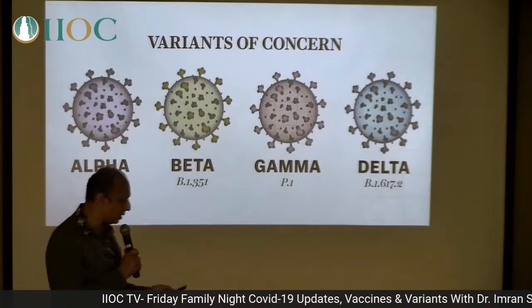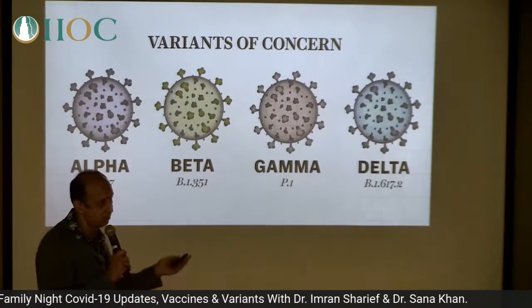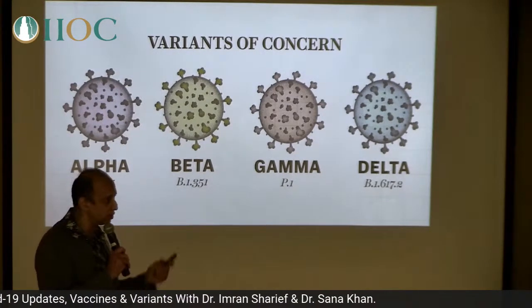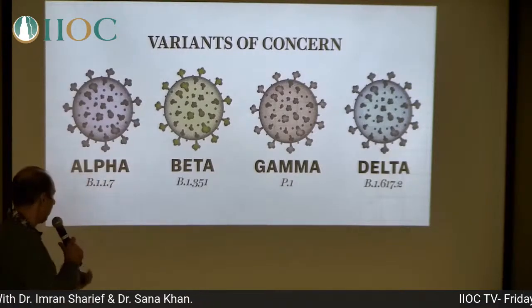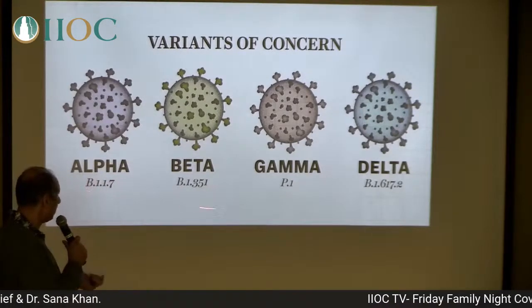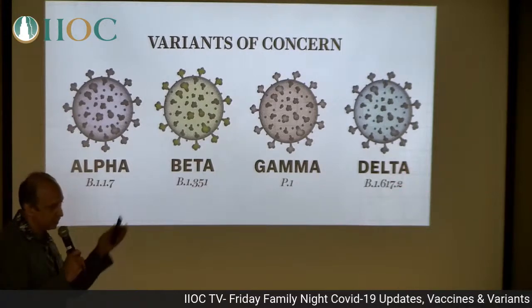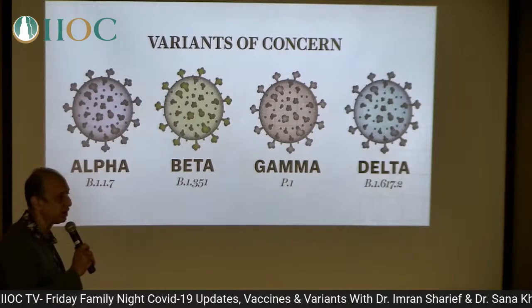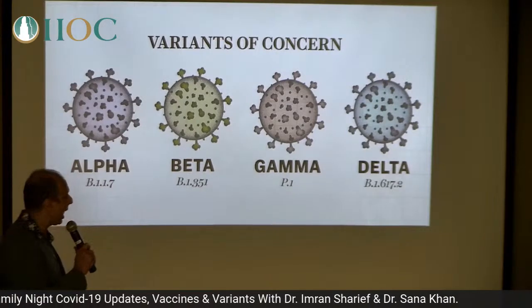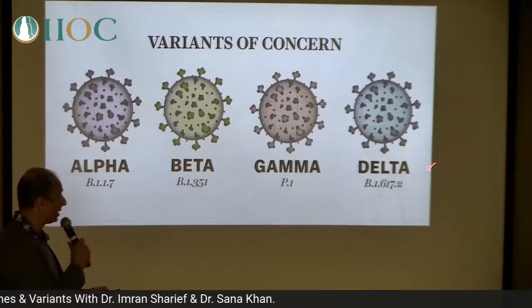So this is what we have so far learned about this virus. It's a brand new virus, so every day things change, every month things change, so we are learning about it. Initially, we named them B.1.1.7, 1351, P.1, B.1.617.2, and they were named British variant, Brazilian variant, South African variant, Indian variant, and later on, the names were changed to Alpha, Beta, Gamma, Delta, and Lambda.